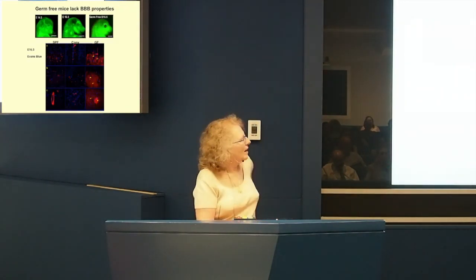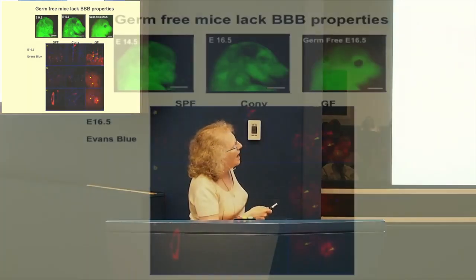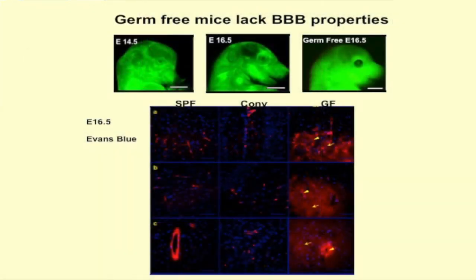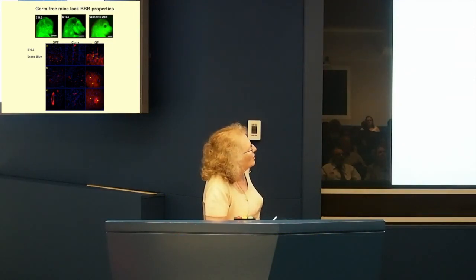With Sven Pettersson at Karolinska, we've shown that germ-free mice at E16 have much more antibody in their brain than mice raised with gut flora. They look to me like about day E14 mice.